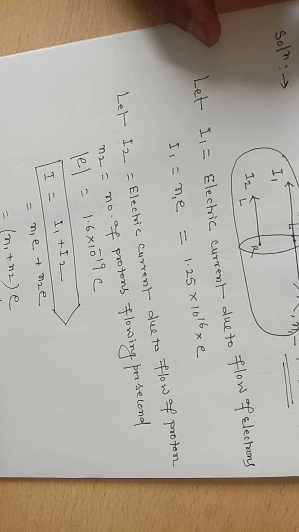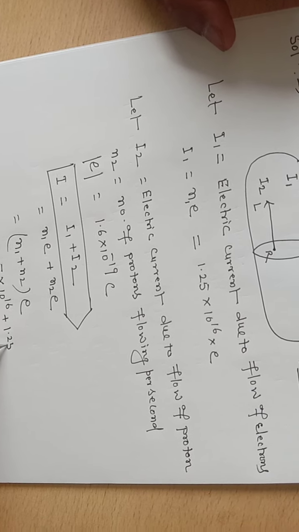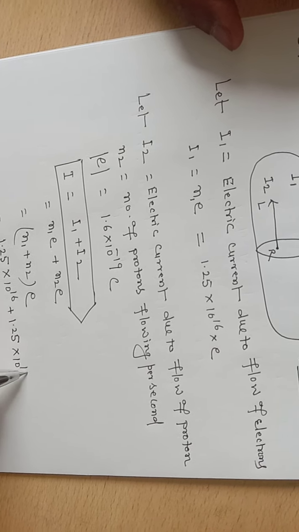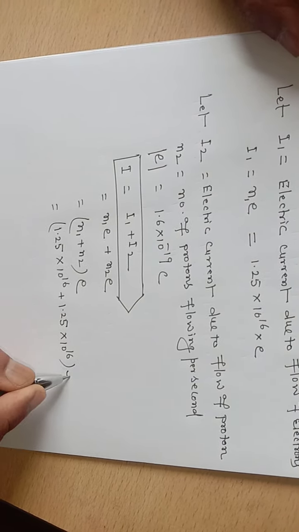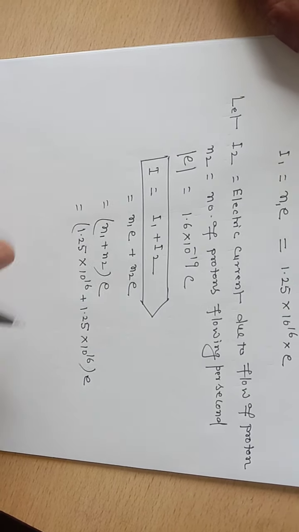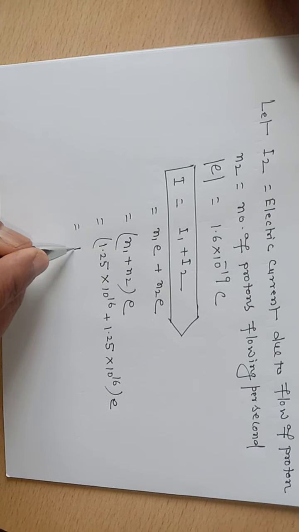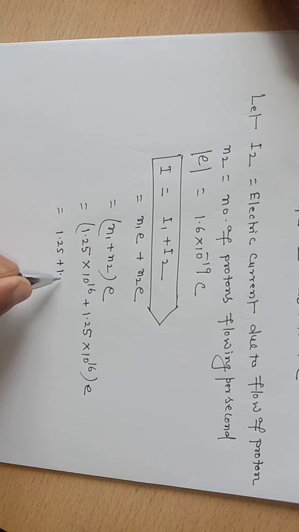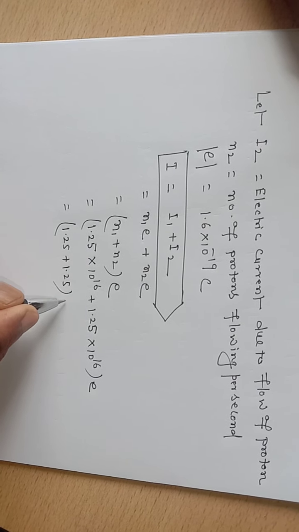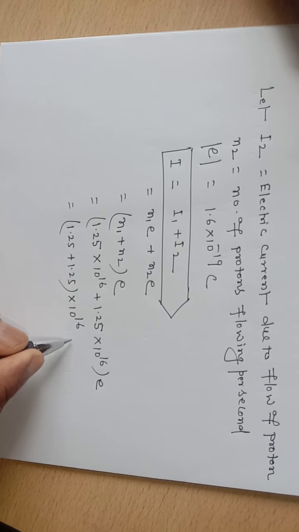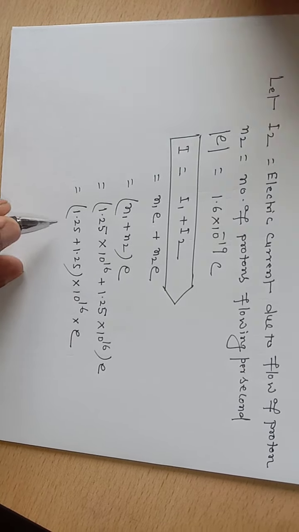The value of N2 is again 1.25 into 10 to the power 16, into E, this electronic charge. Take common: 1.25 plus 1.25 into 10 to the power 16. 10 to the power 16 will be common here, into E.